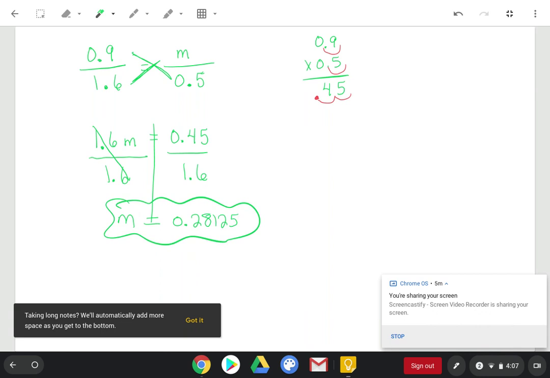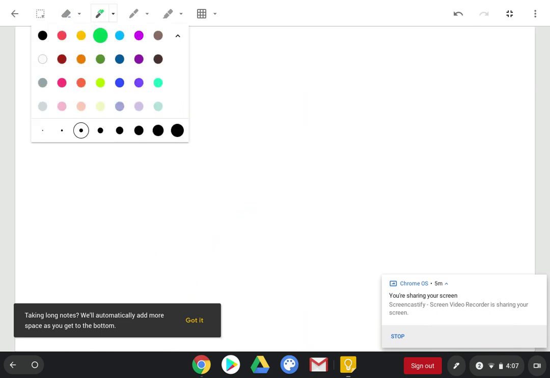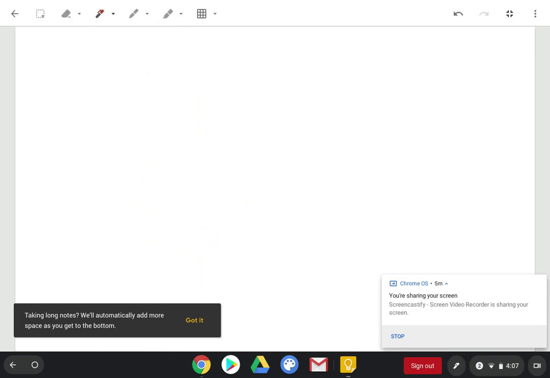Okay, one more. The next one, we are going to do 2/3 over 5. So we're dealing with complex fractions, or fractions within fractions, is equal to what? I'm going to use a y over 6.